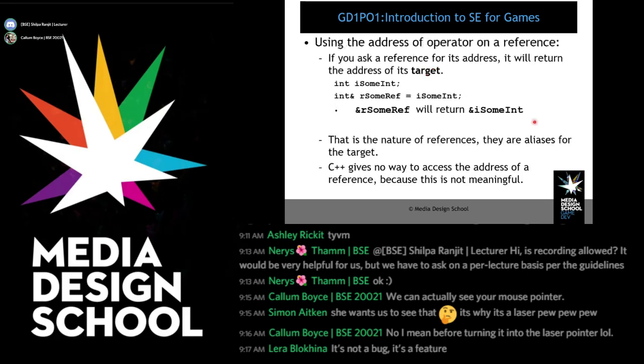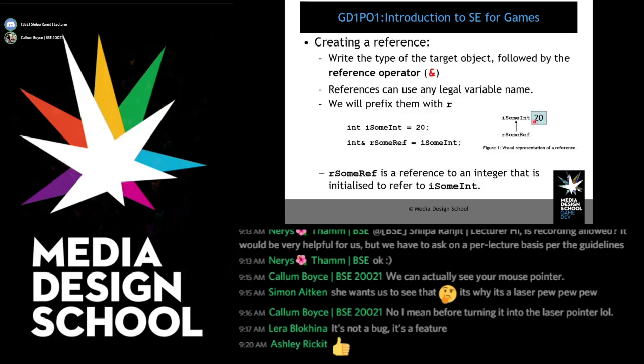Just quickly, why would you use a reference instead of a pointer? Because a pointer is really cumbersome. So if you remember how we use pointers, we have to dereference it every time we want to access the value, correct? We'll have to do asterisk pointer each time.